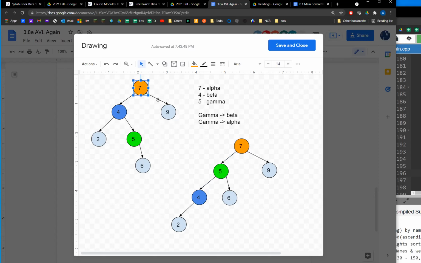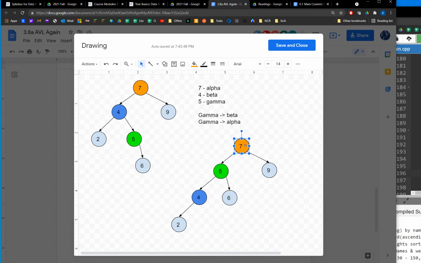So if we compare the previous state, 7 at the root, 9 to the right, 7 at the root, 9 to the right. Just do a little rearranging here. So 4 and 2 work their way down. 5 and 6 work their way up. Right, 5 and 6 was the tree that was too tall. Part of the tree that was too tall is getting itself shorter, but we can't just stop here, right?